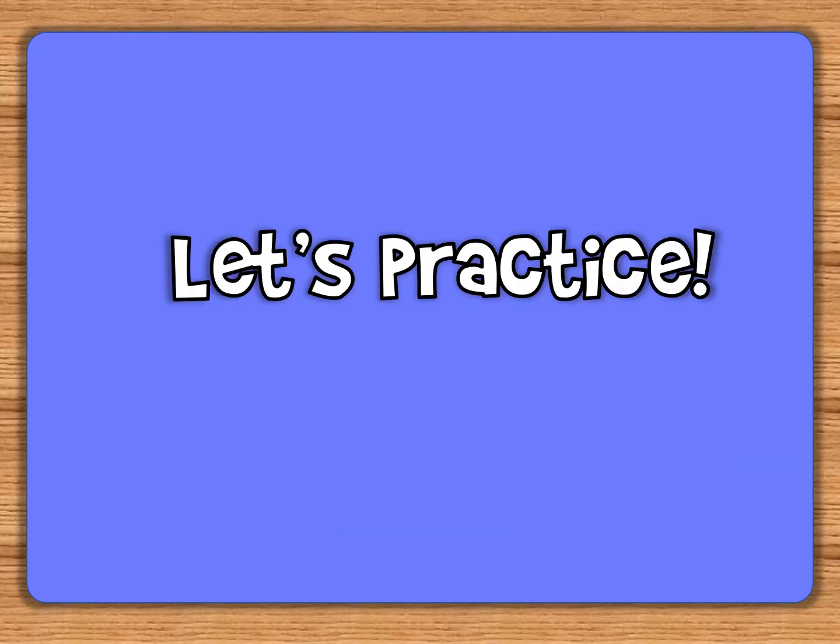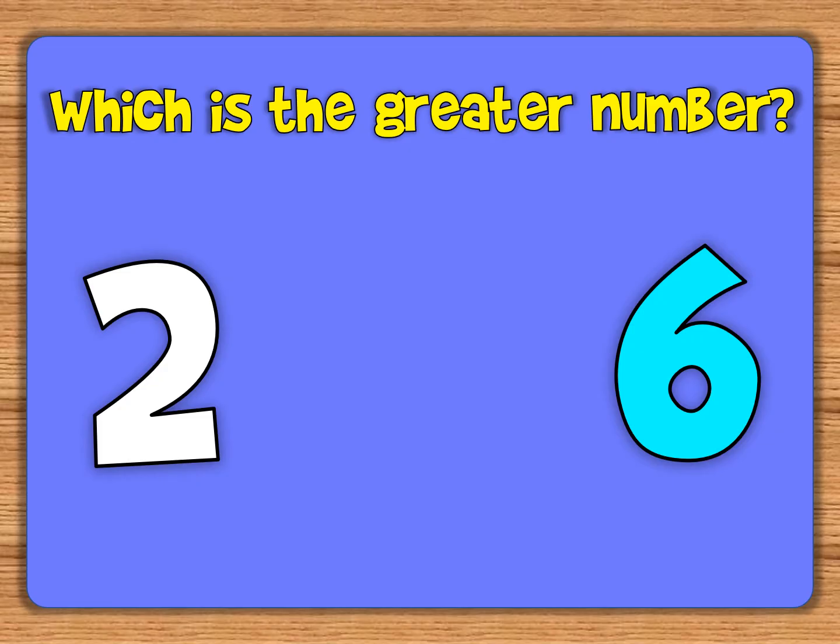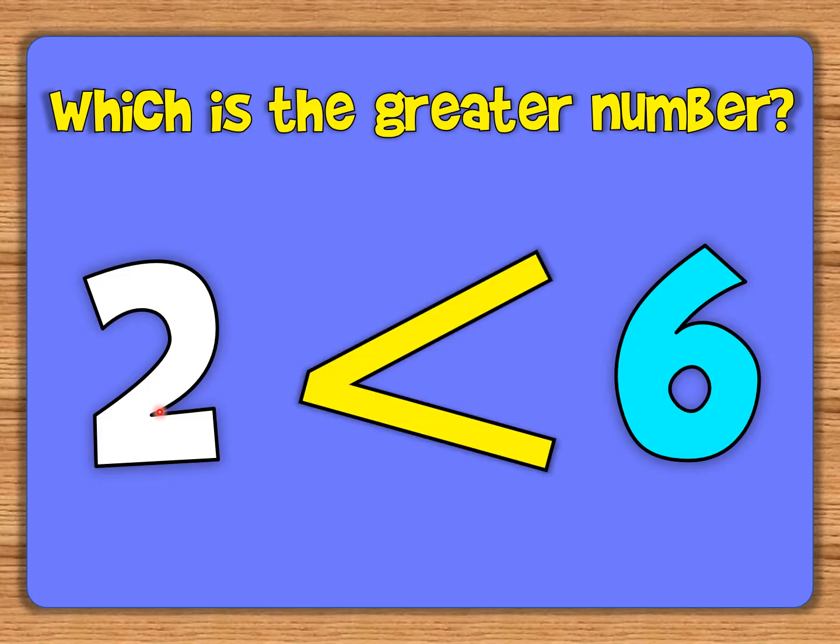So let's practice. Which number is greater? Ali alligator has to compare two numbers, the number 2 and the number 6. Which number is greater? The number 6. So now we have to compare. Let's see what Ali alligator will do.